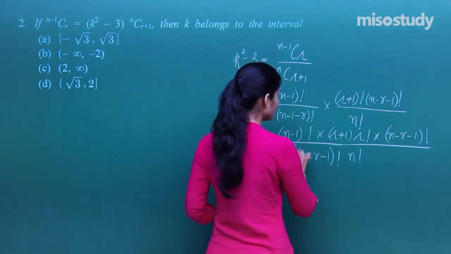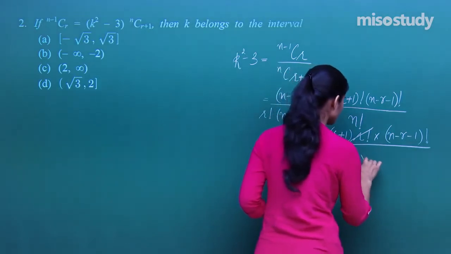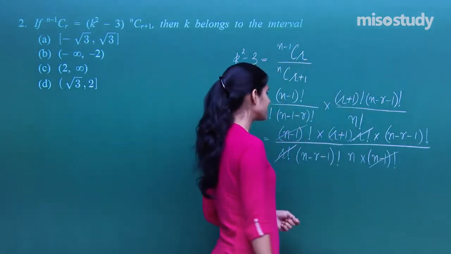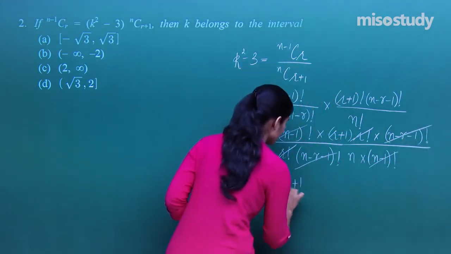So you can see r! gets cancelled out. This becomes n·(n−1)!, so (n−1)! gets cancelled out. You are just left with (r+1)/n.